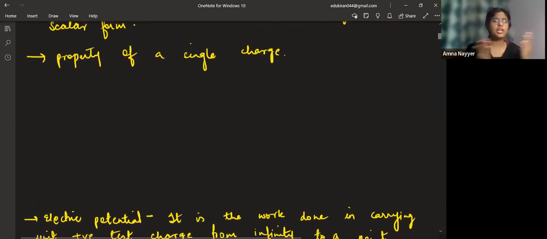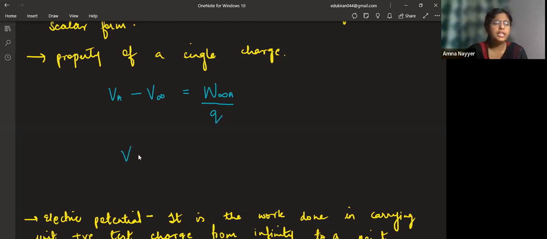So what will be the potential difference? How to take the potential difference? Final potential minus initial potential, means potential at a point minus potential at infinity, right? This is actually equal to work done from infinity to A to carry this charge q. This is the formula that you will be using.